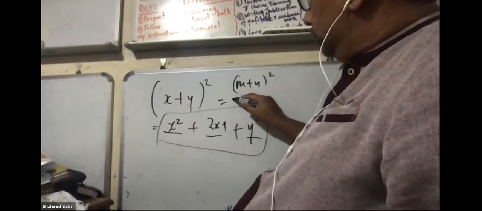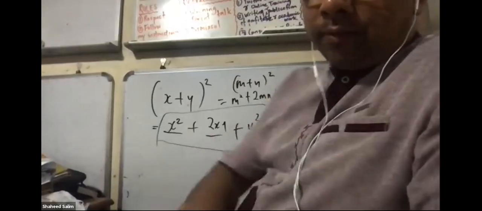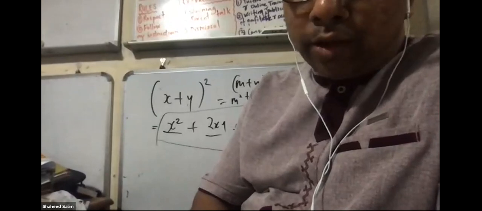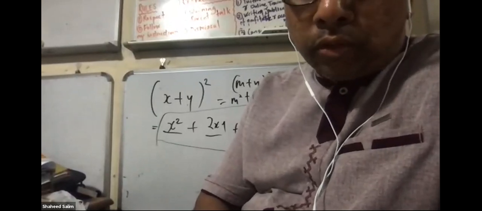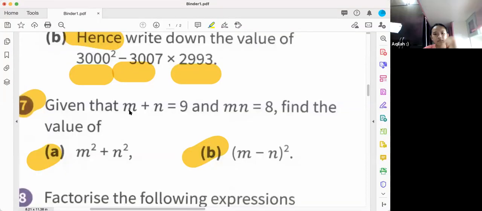What do you get? M squared plus 2mn plus n squared. Okay. You have already expanded, right? I want you to write your expansion down and to re-look at the question. And I think you can do already.